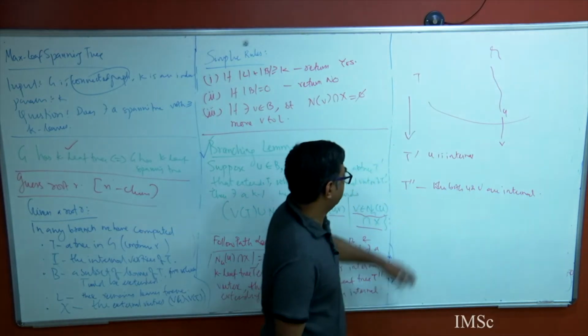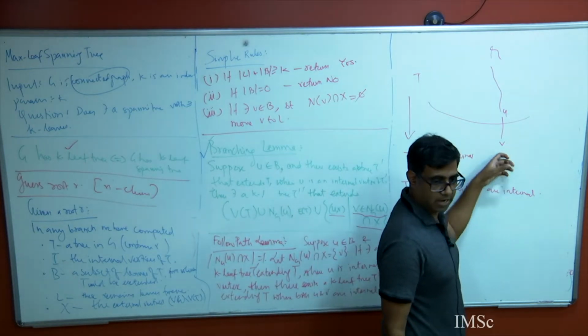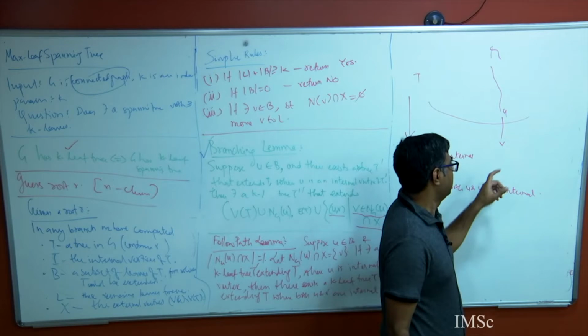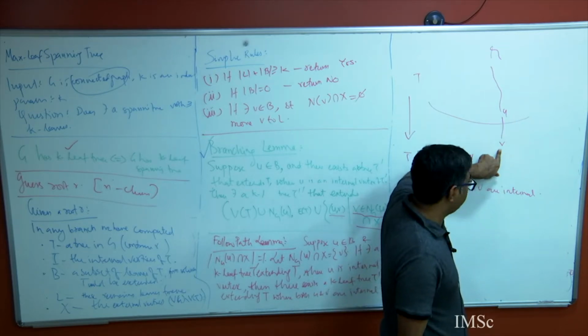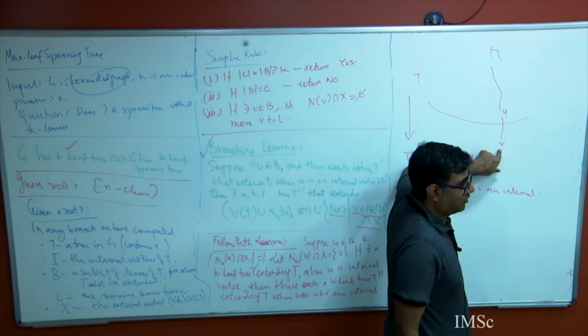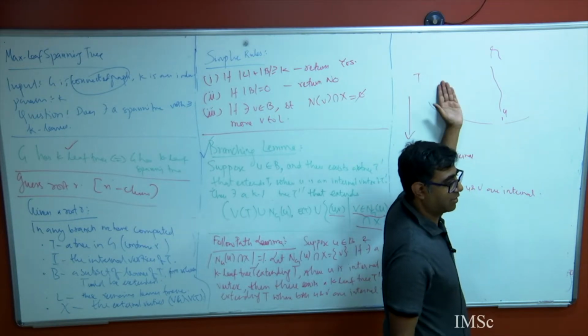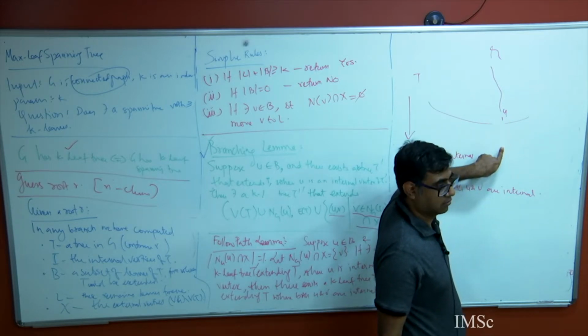Why? Suppose this is not true, then V is a leaf in this T prime. If T double prime does not exist, then in every K-leaf tree where U is internal, V is a leaf. Then this is a contradiction, because if I delete V, I still have a K-leaf tree, because U has degree exactly 1 here.